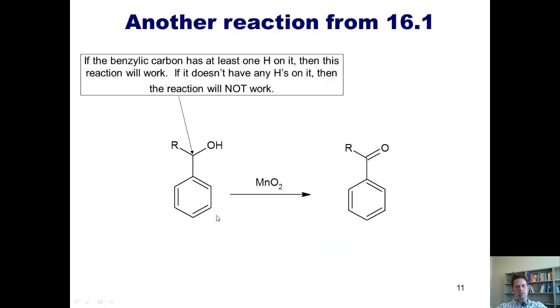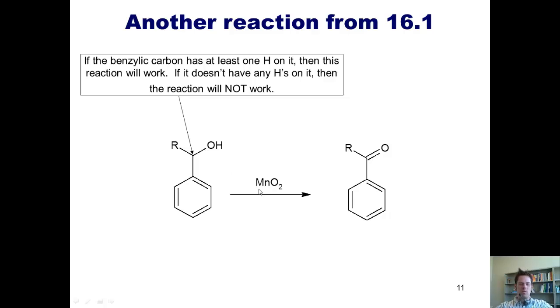Now, by comparison, if we use a milder oxidizing reagent, manganese dioxide, MnO2, it will only oxidize a starting material up one oxidation state to this type of product. So if, for example, this R group were an H, then what I have as my starting material is benzyl alcohol.